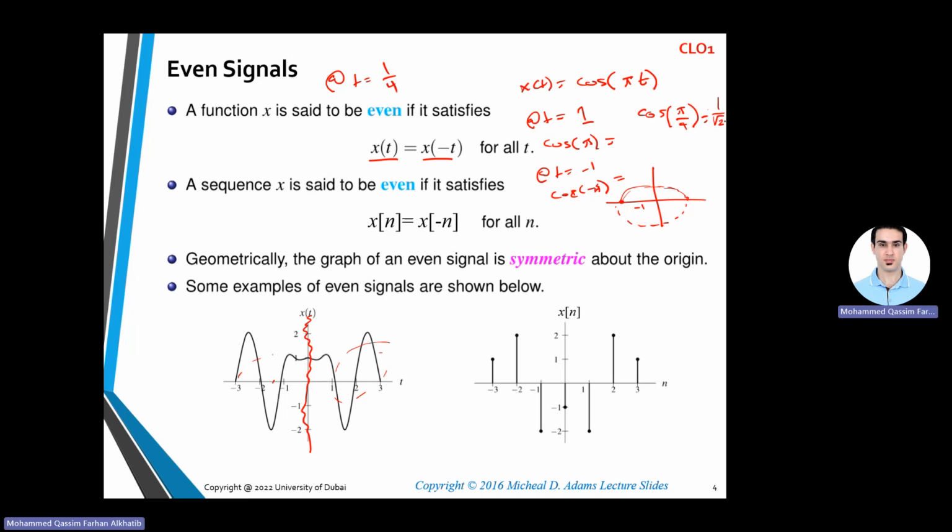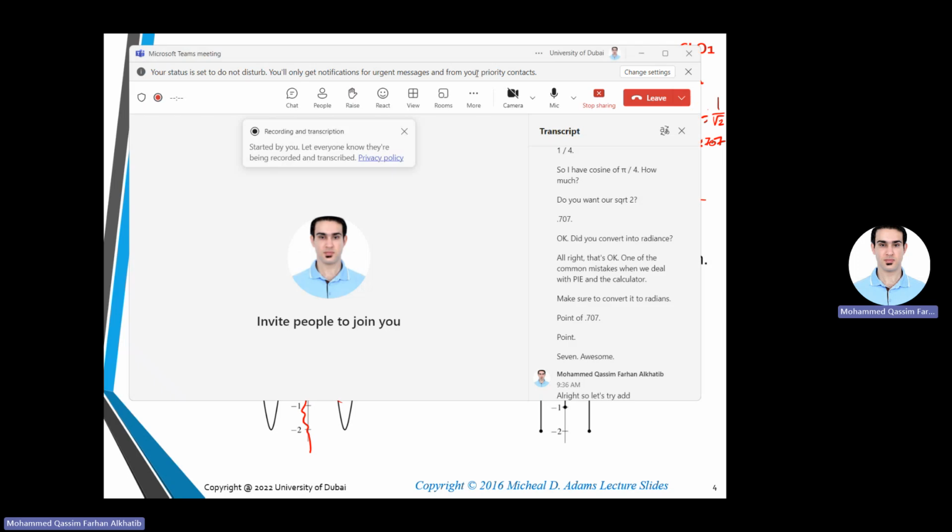How much does it come out? 0.707. Okay, did you convert it into radians? All right, that's okay. One of the common mistakes when we deal with pi at the calculator, make sure to convert into radians. 0.707. All right, so let's try at t equal negative 1 over 4.